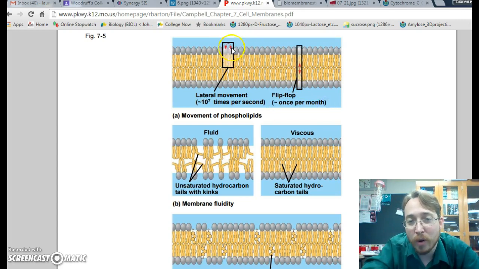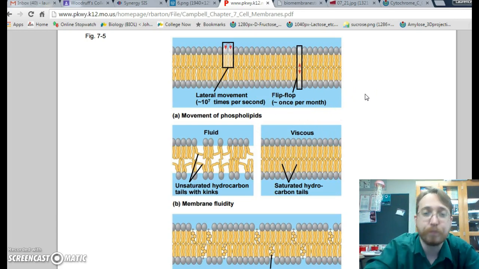The reason is that when we're comparing these motions, over here, the polar side is always staying with the polar side, and the nonpolar side is always staying with the nonpolar side, so there's no tension. But here, you have to get this polar head to pass through the nonpolar region to flip to the other side. That's going to be a difficult thing to convince this polar head to do. It's attracted to these other polar heads. It doesn't want to mix with the nonpolar, so this happens much less often.